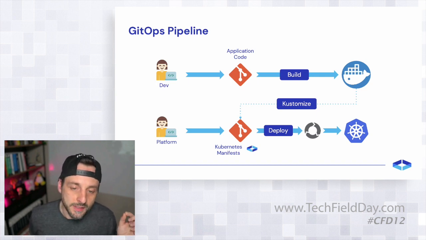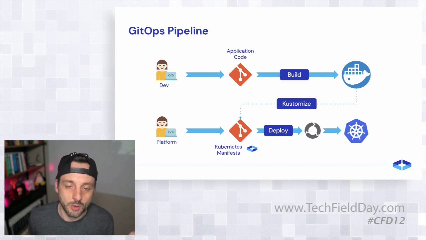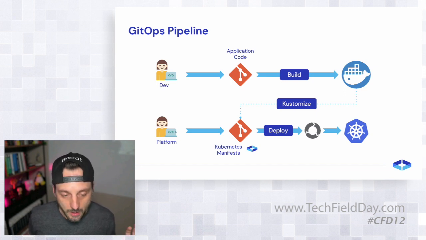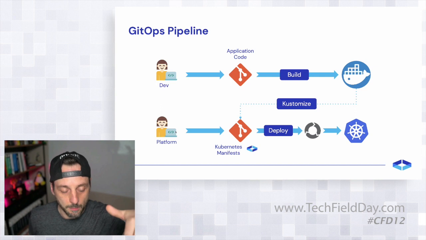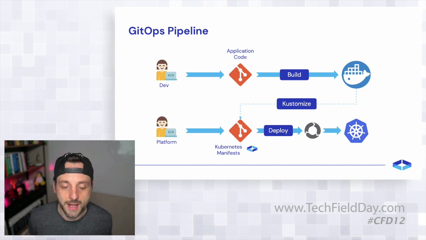But now what makes the difference with GitOps as opposed to a traditional CI/CD pipeline is the way it's going to be deployed into your Kubernetes cluster. So now, going to the bottom, as a platform engineer, you also want to manage a repository where you have the Kubernetes manifest.